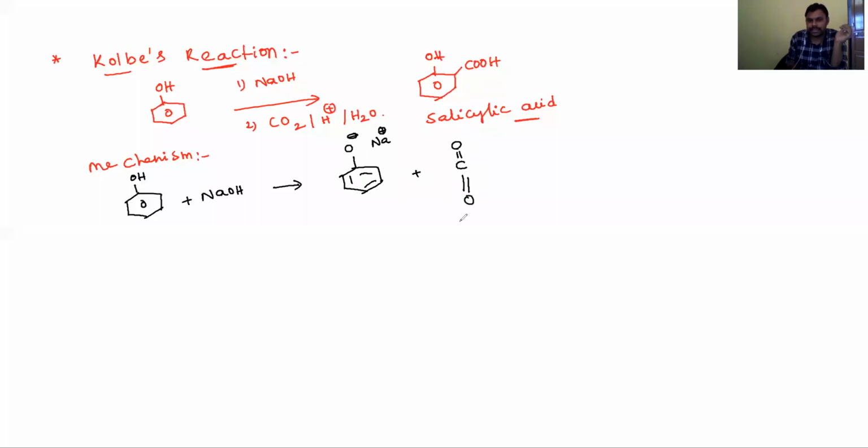Carbon dioxide acts as an electrophile, and this electrophile will attack at the ortho position, and a negative charge is produced, which attacks, and C double bond O and O minus and Na plus form.